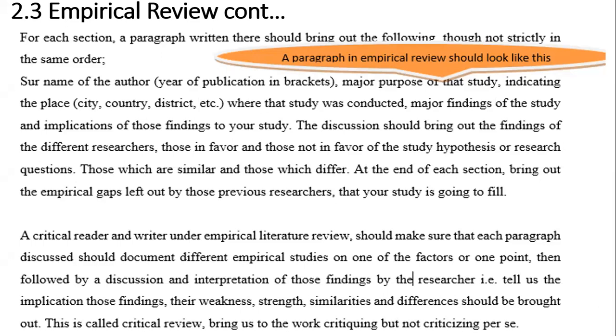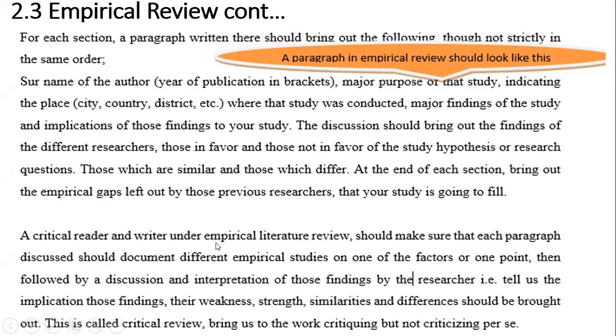So after reading all that others have discovered, do you have any question? Do you have anything to ask? Do you see anything not answered by the previous findings? That will be your gap.